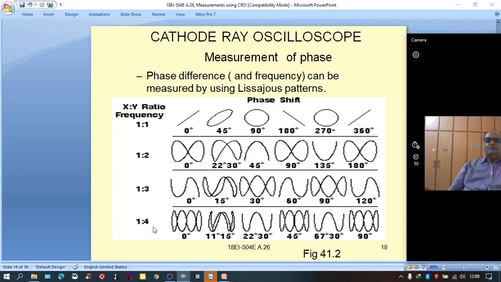Similarly, for frequency of Y channel 4 times the frequency of X channel signal, for 0 degrees, this is the Lissajous pattern. For 11 degrees 15 seconds, this is the pattern. 22 degrees 30 seconds, this is the pattern. So based on the patterns, we have to identify the phase difference.